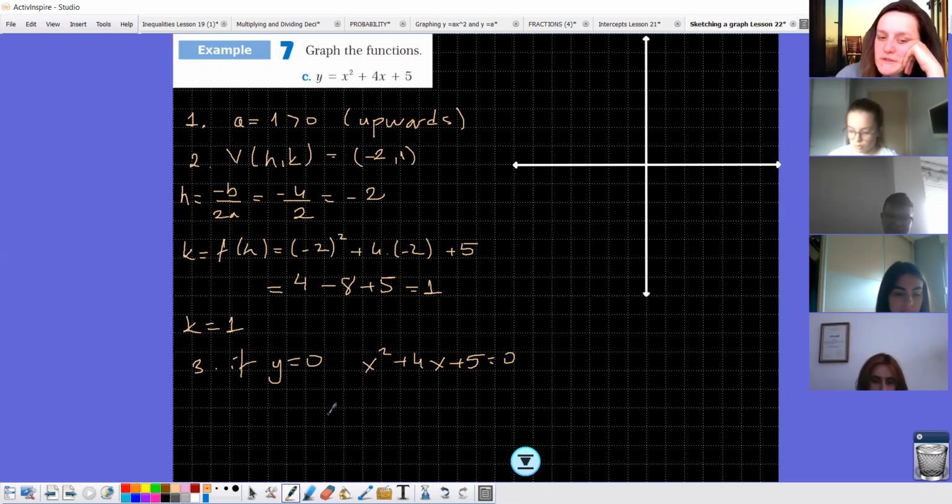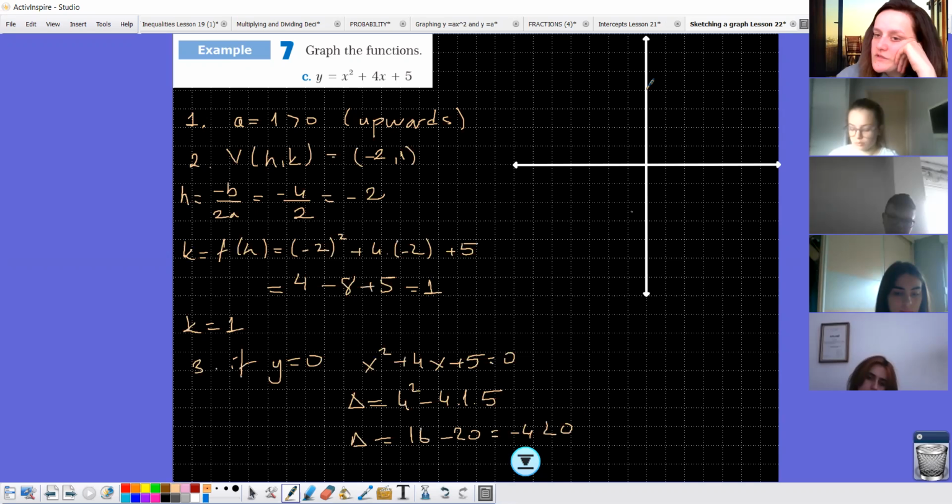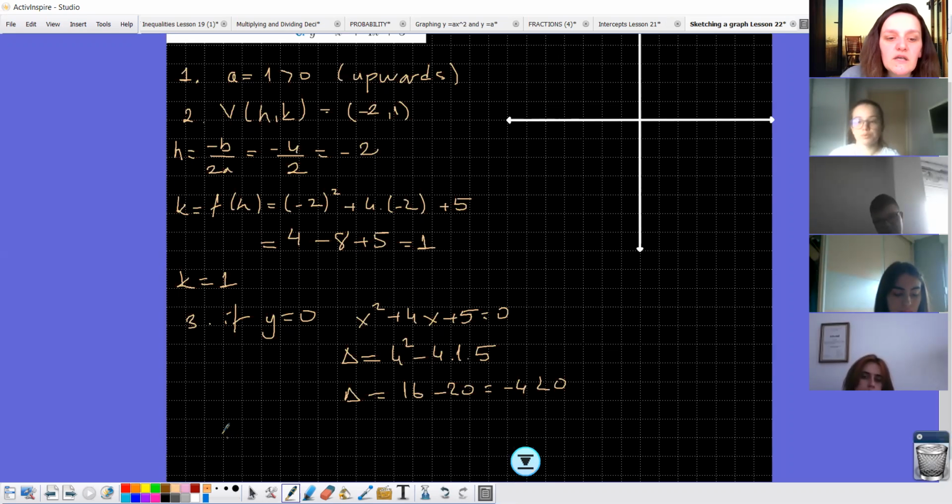So let's check the discriminant. 4 squared minus 4 times 1 times 5. 4 squared is 16 minus 20, minus 4, which is less than 0, so it doesn't touch the x-axis. There are no x-intercepts.